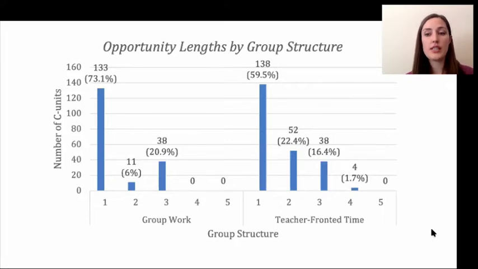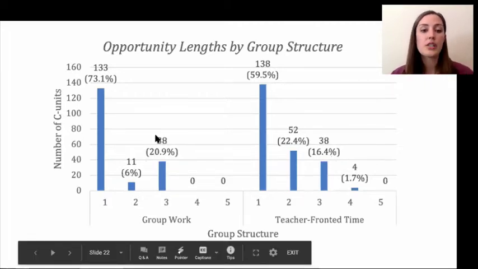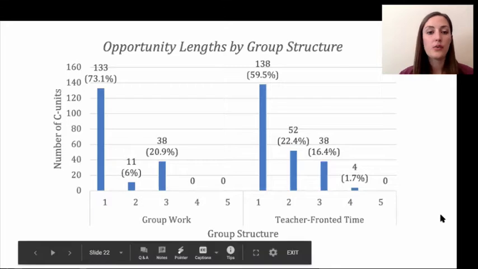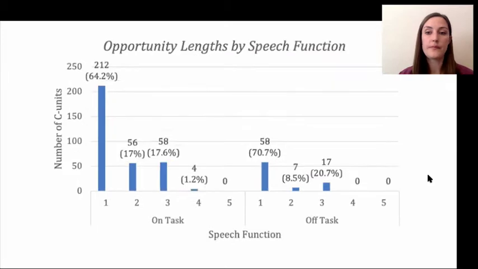And during teacher-fronted time, the next largest group of opportunities were for short phrases, while during group work, there were more opportunities for full sentence responses, although these numbers themselves are the same. But proportionally, there are more opportunities for 1-sentence responses. The only opportunities for responses of more than 1 sentence were given during teacher-fronted time.